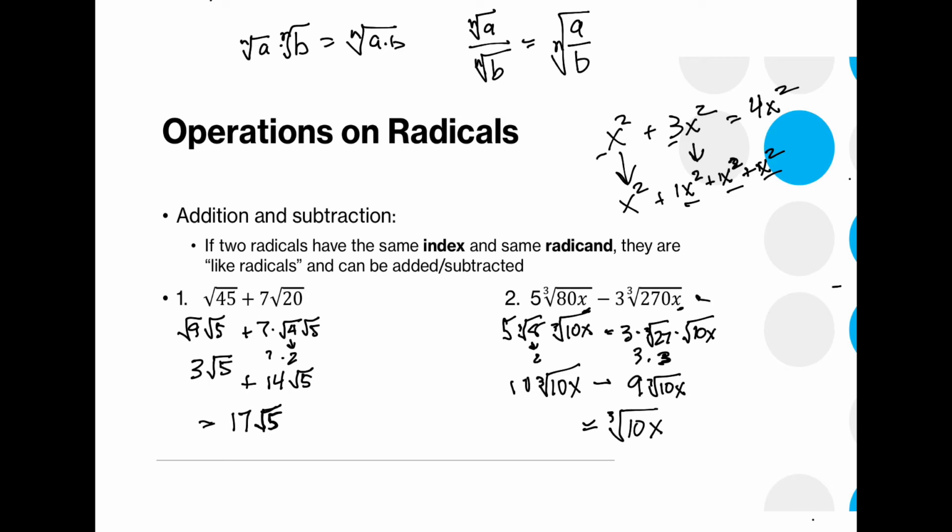So this can simplify down to that, which you'd agree is much simpler the way that we simplified it down there. So with addition and subtraction, we must have the same index as well as the same radicand. With multiplication and division, we only needed the same index.